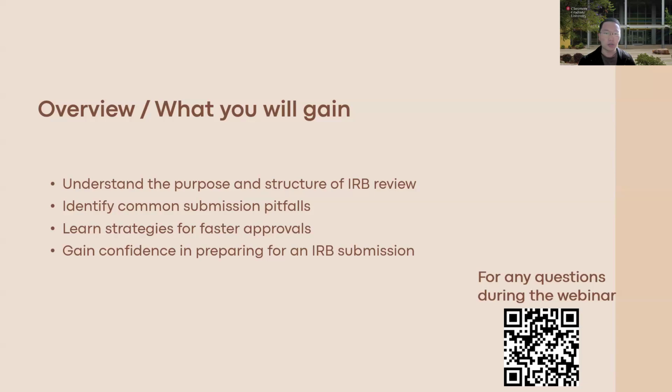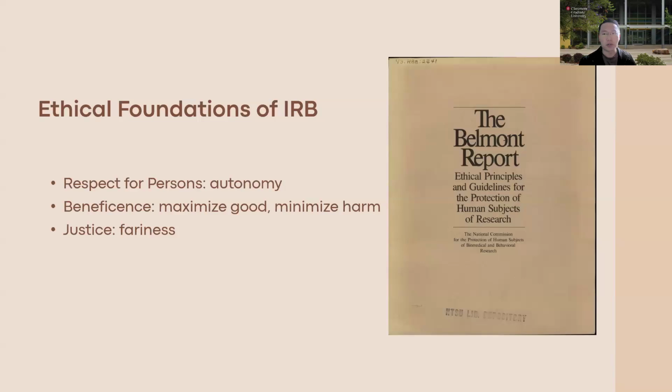Okay, so I want to start this webinar by going through an overview of some of the basics of IRB. I want to start with the three ethical principles of IRB. The Belmont Report established three ethical principles and guidelines for the protection of human subject research.